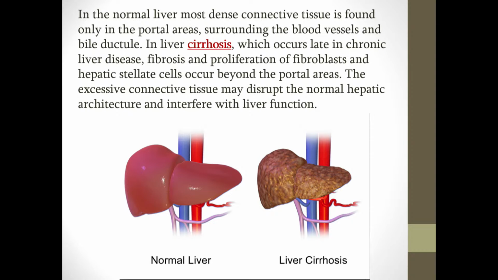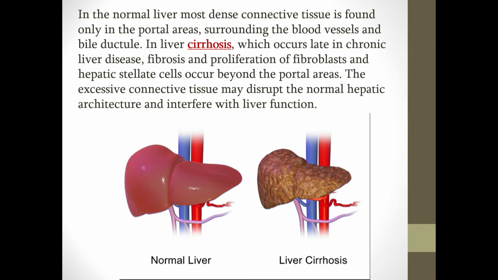The excessive connective tissue may disrupt the normal hepatic architecture and interfere with liver function. So when the damage proceeds, these tissues form fibers, and form the fibrosis here, and form connective tissue. If there is a large amount of connective tissue, of course it means that the liver is damaged.